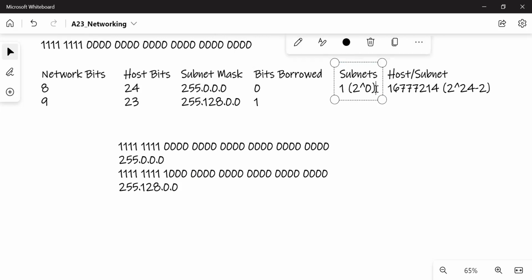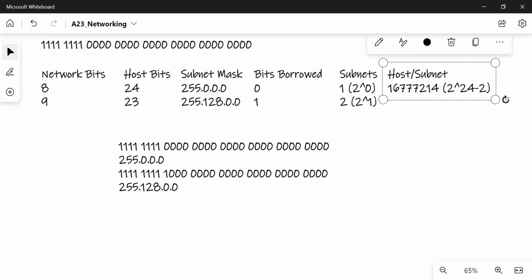Now, how many subnets are we going to create? 2 subnets. Yes, we are dividing it into two subnets. How do you know how many subnets? Since we have borrowed 1 bit, 2 to the power 1 is 2.